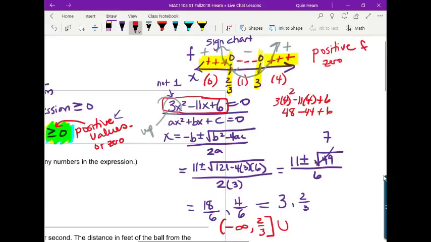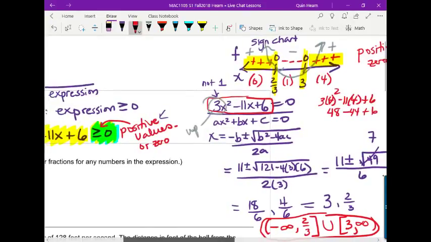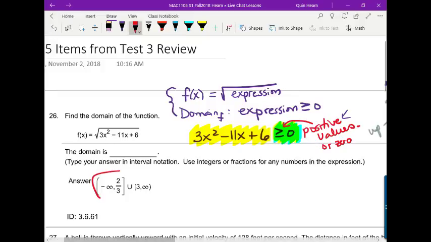And then we're going to union that with, starting at 3, 3 gives us a y value of 0, and then everything bigger than 3 out to infinity gives us a y value that's positive. So this would be the solution to the exercise. Negative infinity to 2/3 and 3 to infinity. And you can see that's the answer that's given on the test review.